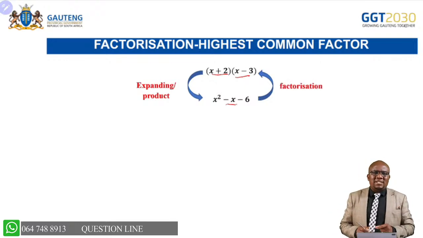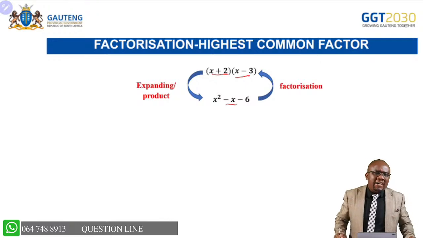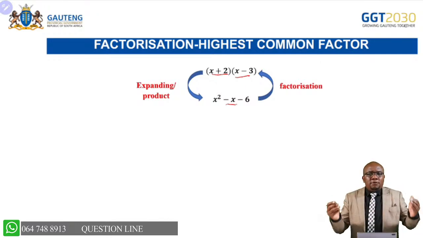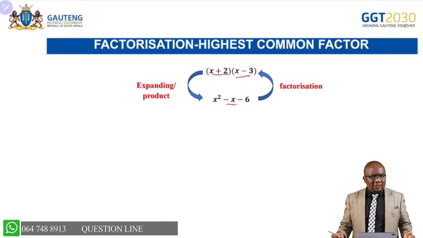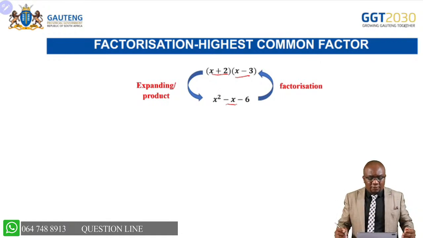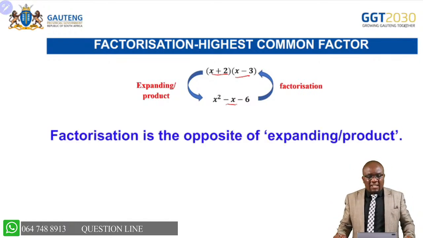So factorization is the opposite of finding the product. Factorization is the opposite of expanding. Factorization, we're introducing the brackets. Expanding or finding the product, we are removing the brackets. Please remember that. Factorization is the opposite of expanding or finding the product.